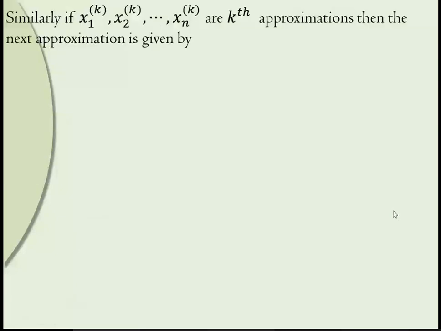So how do we get the next formula? If x1k, x2k, xnk are the kth approximation, then the next approximation is given by x1k plus 1, x2k plus 1. All those formulas we can get by using the previous equations only.